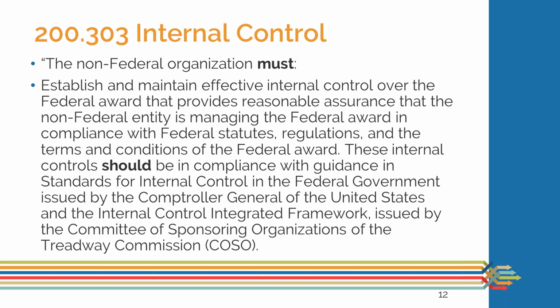Part of that document, the Green Book, has the components of COSO, the Committee of Sponsoring Organizations. It's used for both corporate and governmental, but in this case, the governmental section brought it across and put it in as part of the internal control for government.